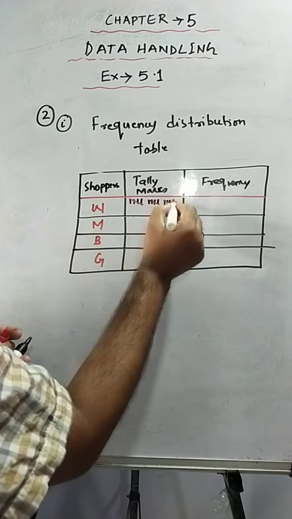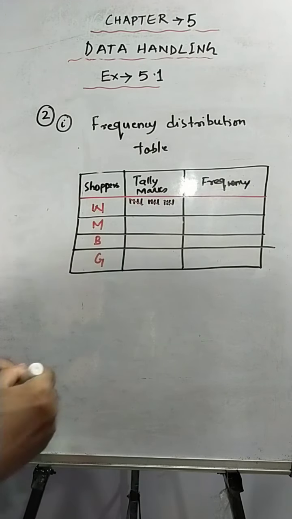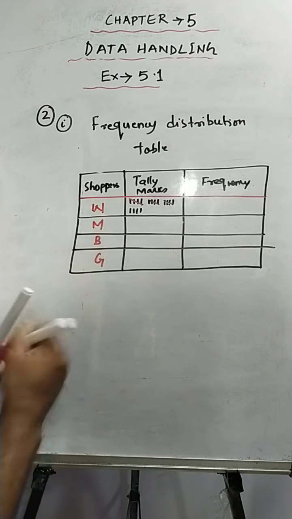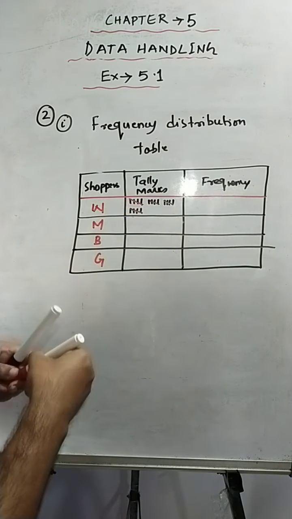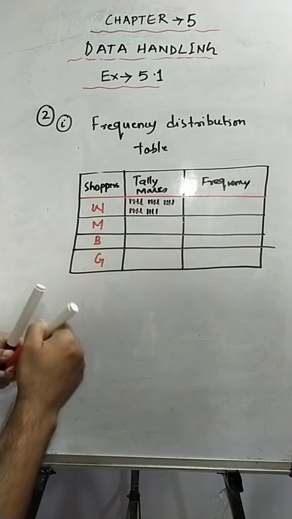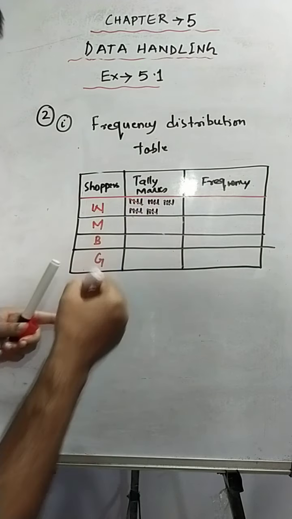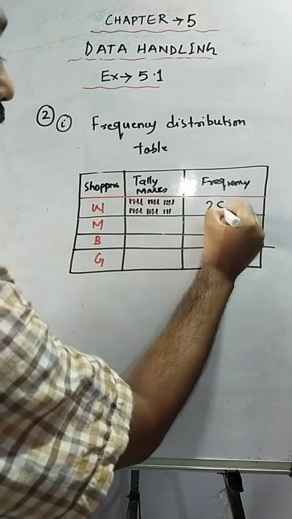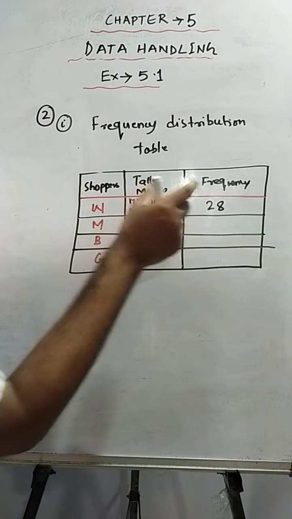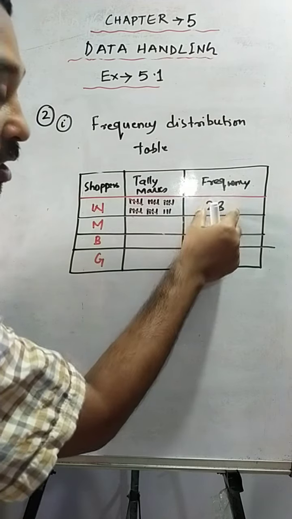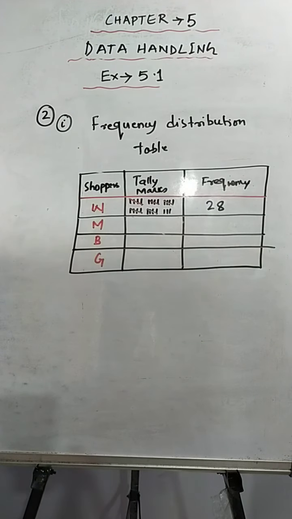So 5 plus 5 plus 5 is 15. Now again 5, so this makes 20. Again 5, so this makes 25. How many more do we have to draw? 3, so that makes 28. This is how you distribute the data in the form of tally marks, and in the frequency column you just write 28 in digit form.